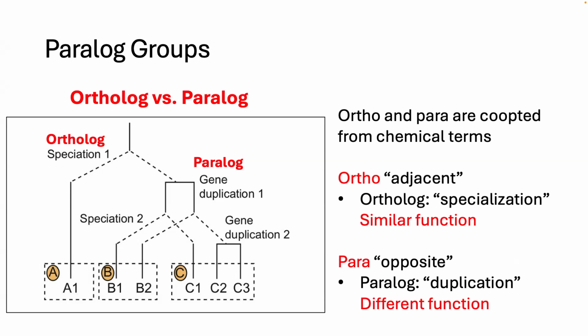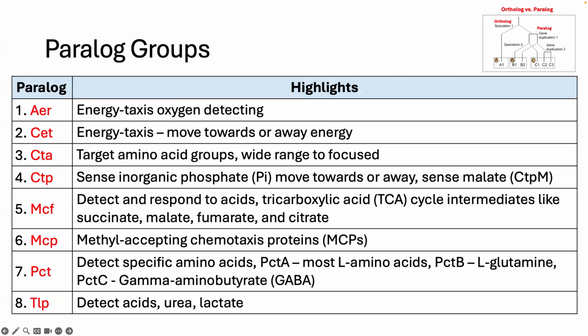We'll look at that in further detail. Para, on the other hand, is opposite, or has a different function. But maybe there is some structural connection related to what we're seeing in that. And that's also useful.